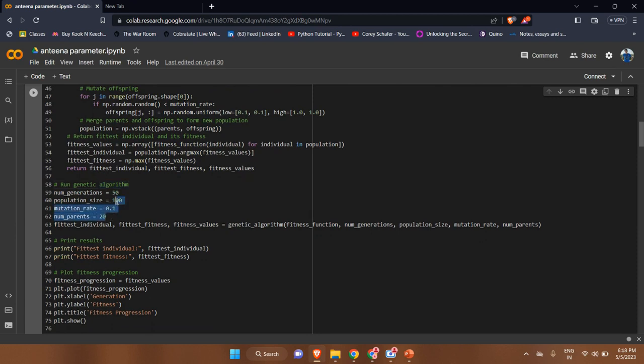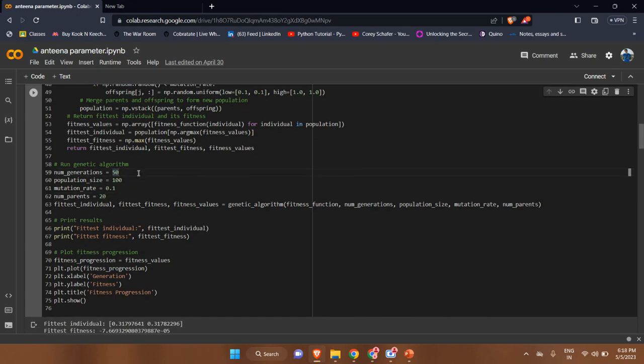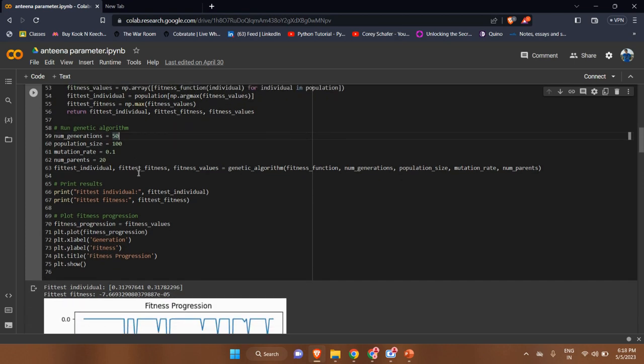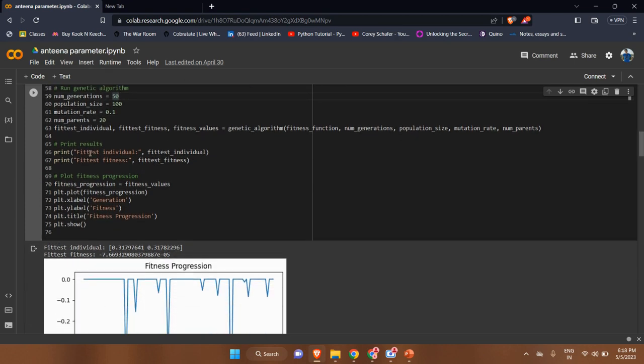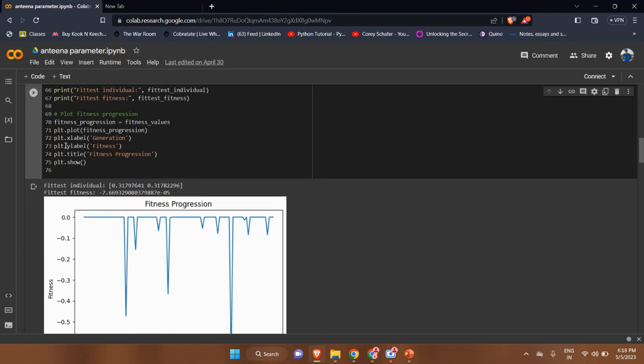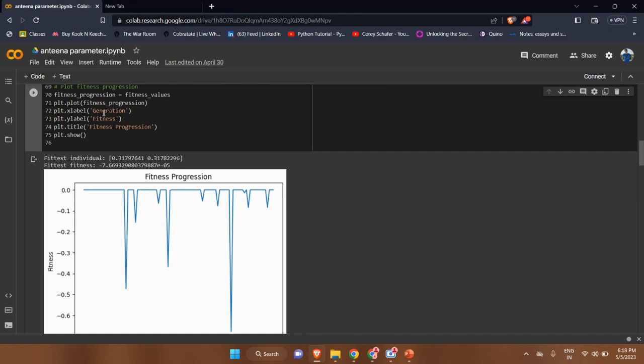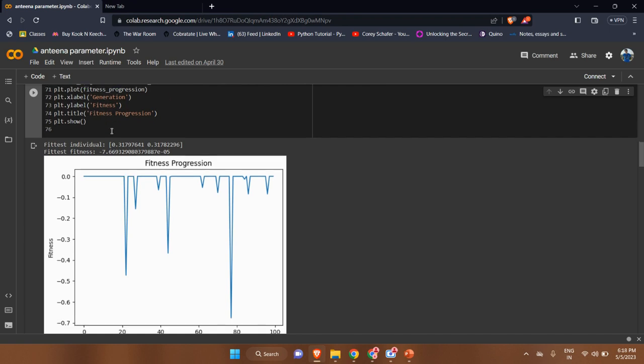Here I had given the input parameters. If you want to take an input, then we write int of input for the number of generations. And finally, I plotted the x and y labels, where the x label is the number of generations and the y label is the fitness.